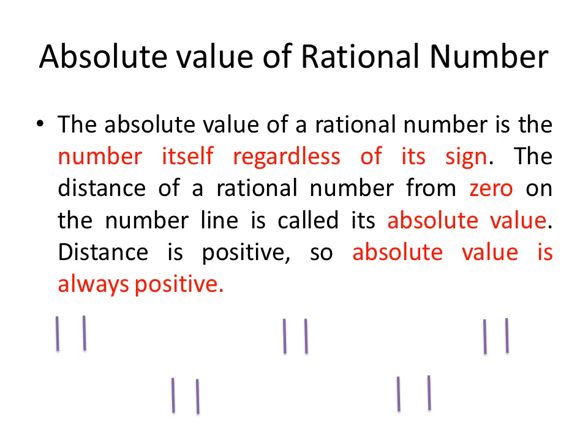So absolute value is nothing but the distance of that particular number from 0. The symbol given here, the two blue lines, represent absolute value. We call it modulus.